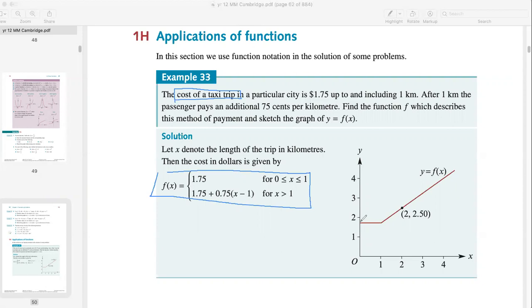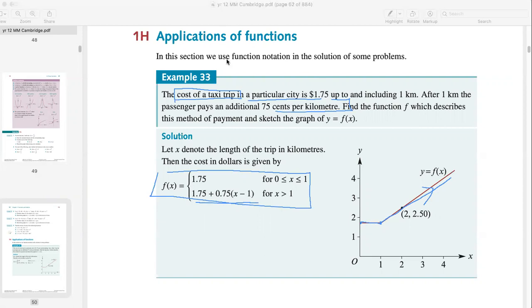From 0 until 1, we pay some fixed cost, then as it goes up, we pay more. Basically for this function, you must read through the sentence, then you get the idea.